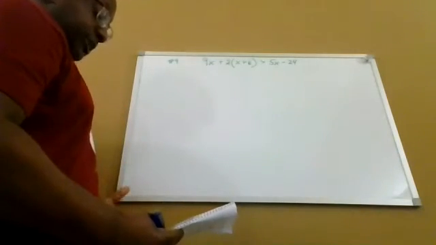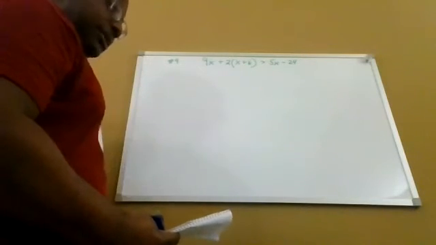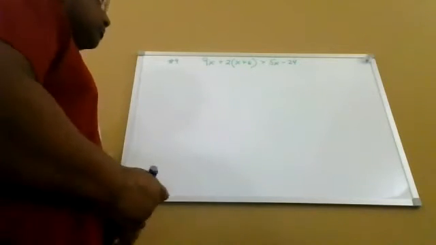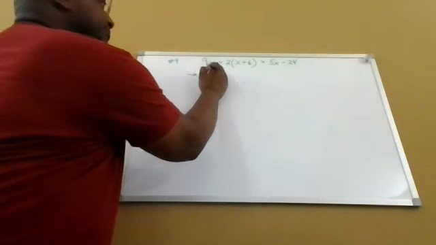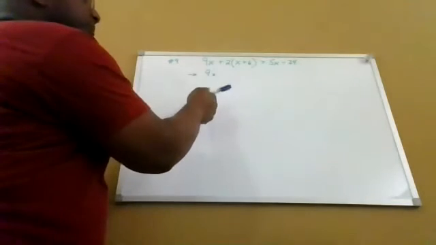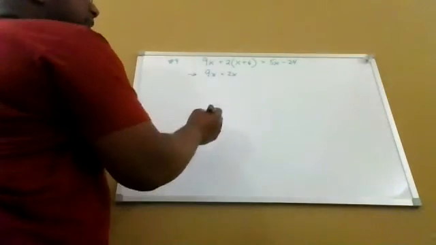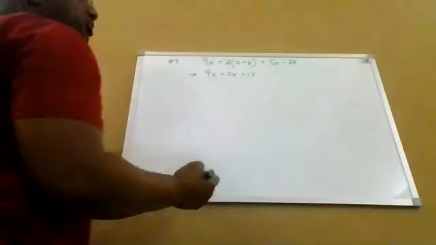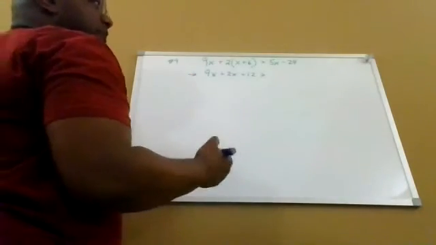Again, we want to solve this for x and then graph our answer on a number line and then write our answer in interval notation. I'll bring down my 9x. Now I have 2 times x, that gives me 2x. And now 2 times 6 to give me 12. Bring down my greater than sign, and then bring down my 5x minus 24.